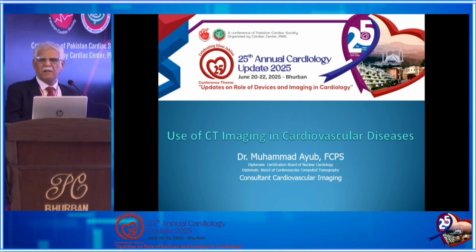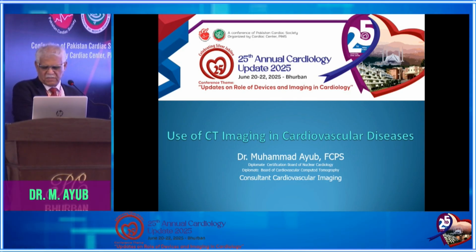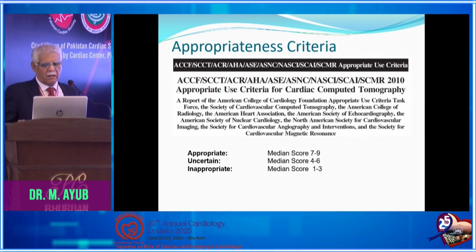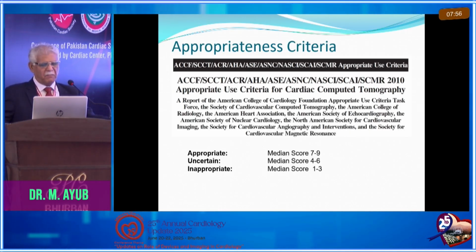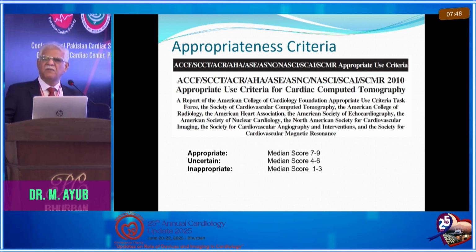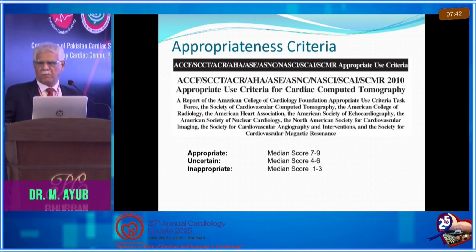This talk is about clinical applications of cardiovascular CT. Cardiovascular CT use criteria has been defined by ACCF along with multiple other bodies, and they have defined appropriateness criteria. If these criteria fall between 7 to 9, then that indication is considered appropriate.